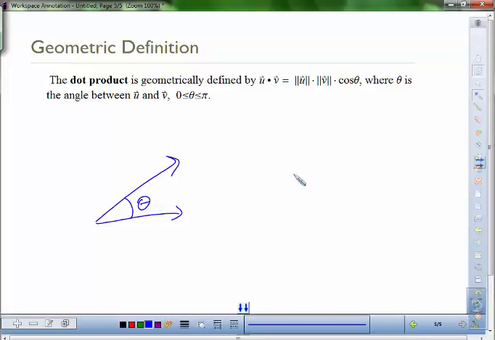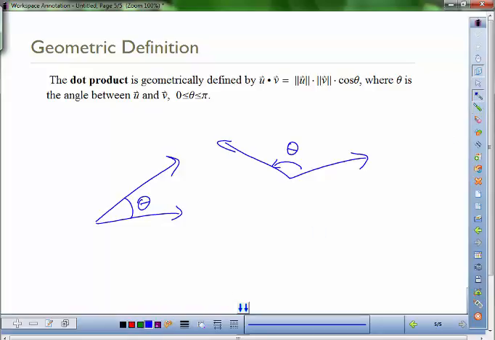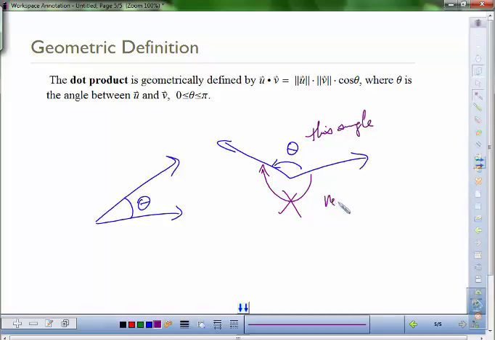For a supplementary angle, this idea is still making sense. And what we don't want is an angle that's bigger than pi. We're not going to look at that angle. So we want this angle, not this. When we're saying the angle between them, we're just taking a look at the smaller angle.